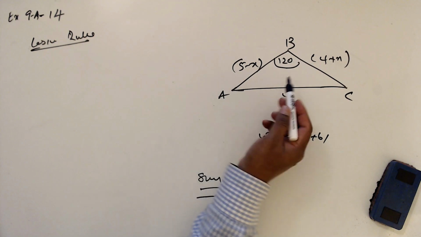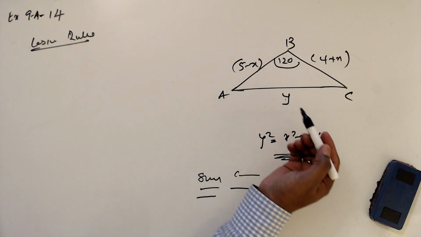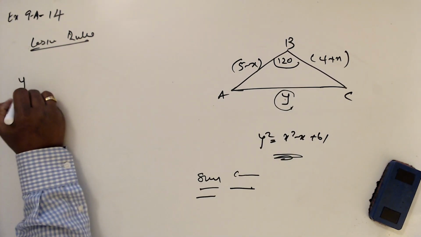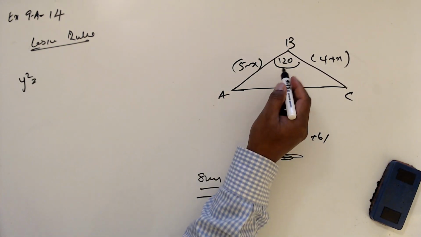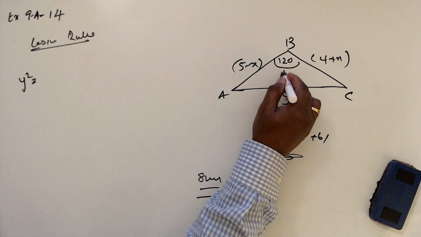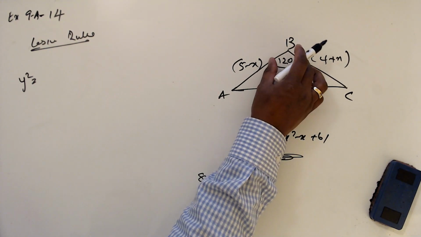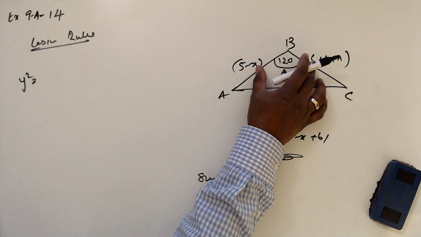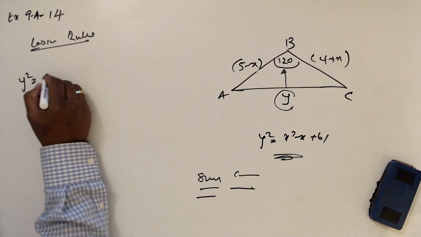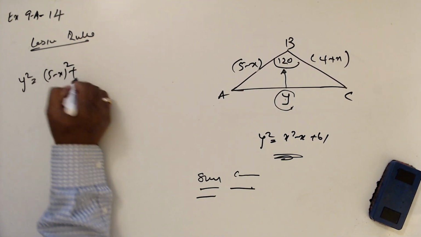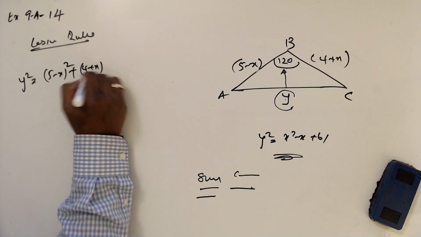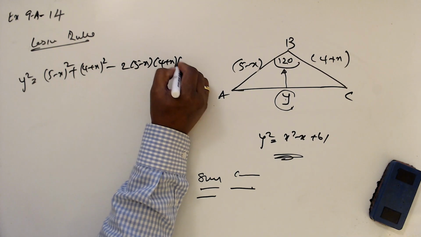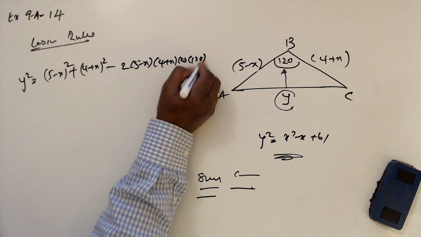I'll consider this one, the front of this one, y squared equals, then the angle, this is the angle, if I select y squared as it is, then the adjacent sides (5 minus x) squared plus (4 plus x) squared minus 2 times (5 minus x)(4 plus x) cos 120.